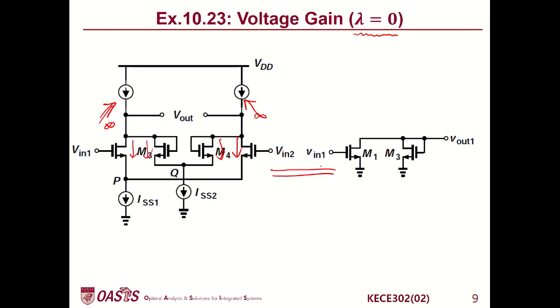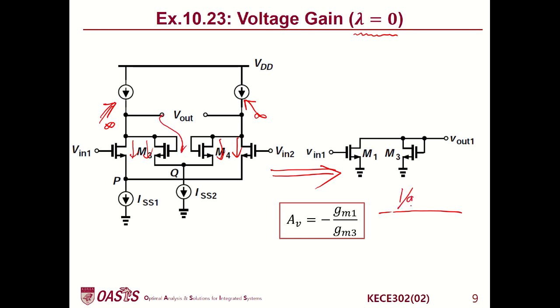Then by having single-ended output, the gain will be minus, and from the output to AC ground will be 1 over GM3 divided by, from the input, because this is virtual ground, to the inputs will be 1 over GM1.